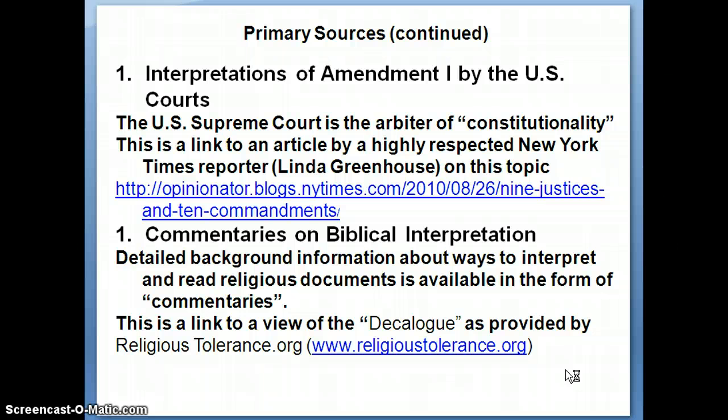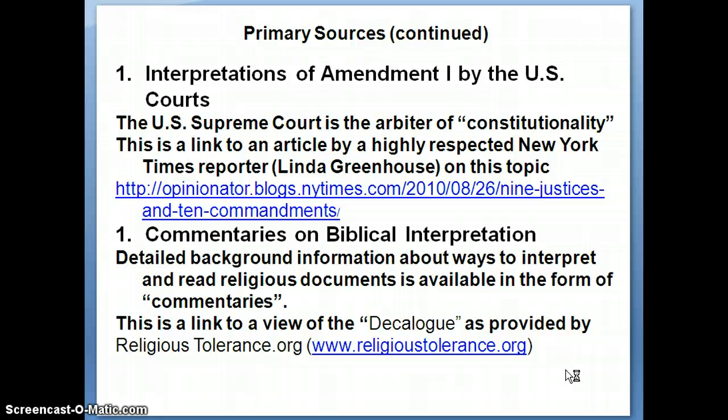On the other side, to extend primary sources further from just the Bible, not only are there interpretations of the U.S. Constitution, many of you are or should be familiar with the concept of commentaries on biblical interpretation.